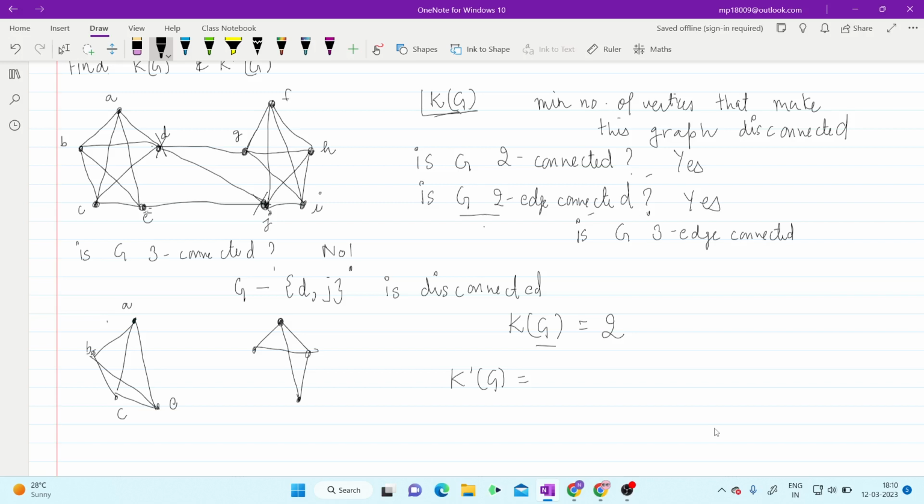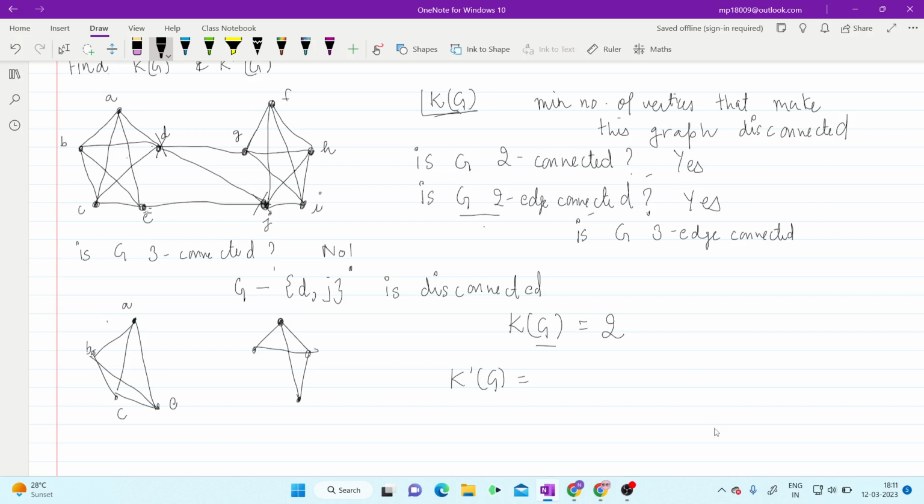So you can see if we remove any two edges, this graph remains connected. First of all, these three edges are the edges joining these two components. If we remove any two of these edges, we still have a connection from this component to this component.